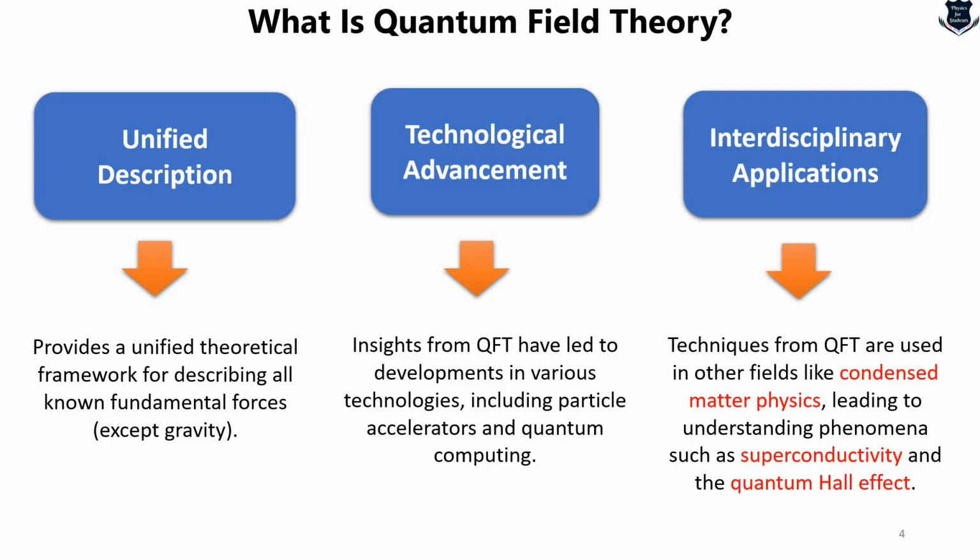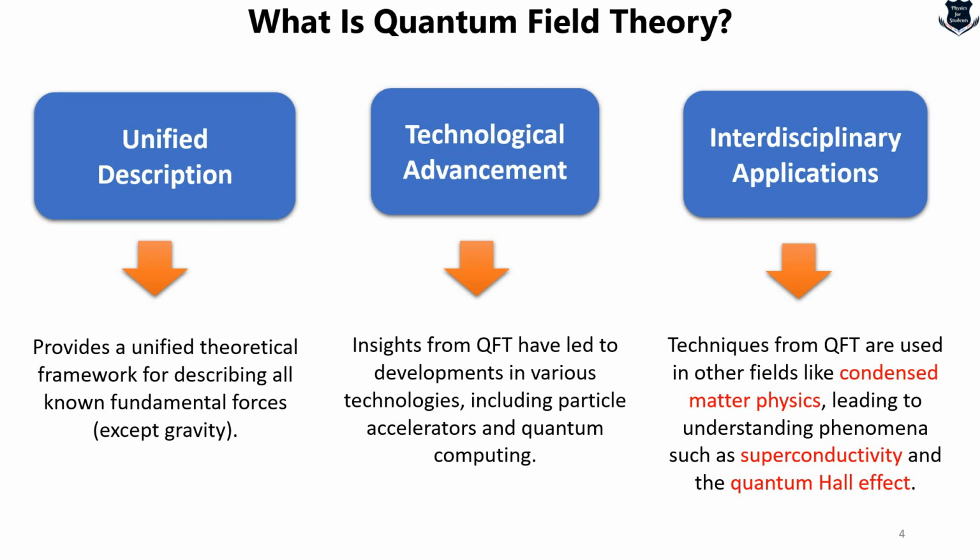That means quantum field theory is not a standalone theory, but it is feeding into condensed matter physics, superconductivity, and the quantum Hall effect. So these are the three parts: it provides a unified description, it is still helping mankind with technological advancement, and it includes a lot of interdisciplinary applications, including condensed matter physics and others.